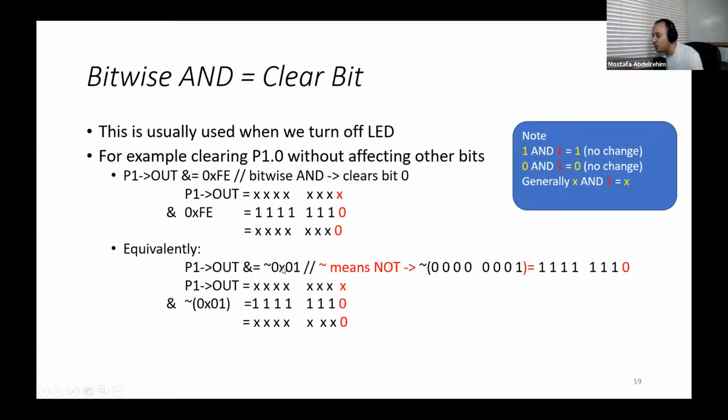So here we are also using 0x01, but the complement of that number. Let's see what this is equivalent to. It should of course be equivalent to FE. So the complement of 0x01: in binary, the first 0 will be 4 zeros, and the 1 will be 3 zeros and a 1. The complement of that number, you complement each bit, so it will be 1111 1110, which is FE. So you can write this line of code or that line of code, and both will be the same. Both will lead to the clearing of bit 0 in the P1 OUT register, so you can turn off the LED.